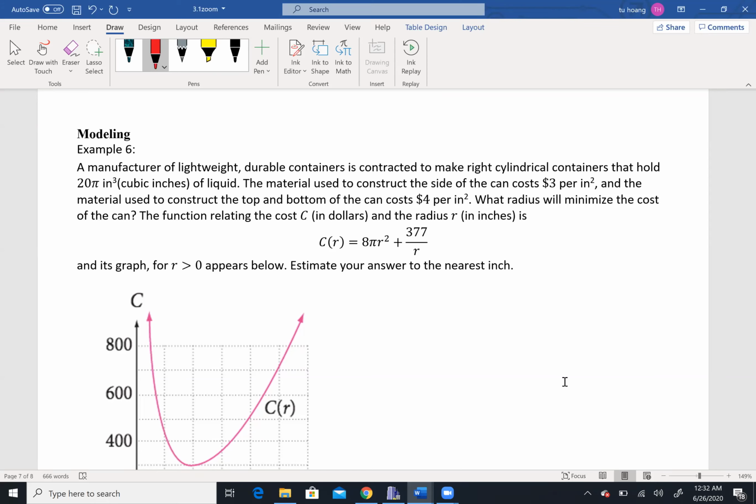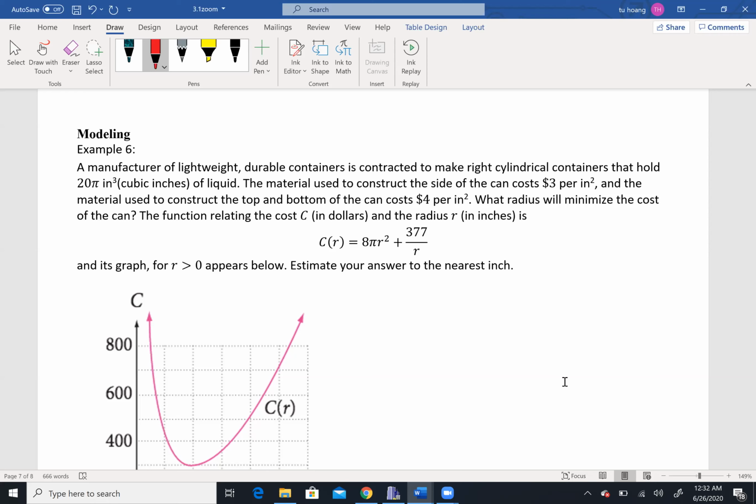The material used to construct the side of the can costs $3 per square inch, and the material used to construct the top and bottom of the can costs $4 per square inch. What radius will minimize the cost of the can?